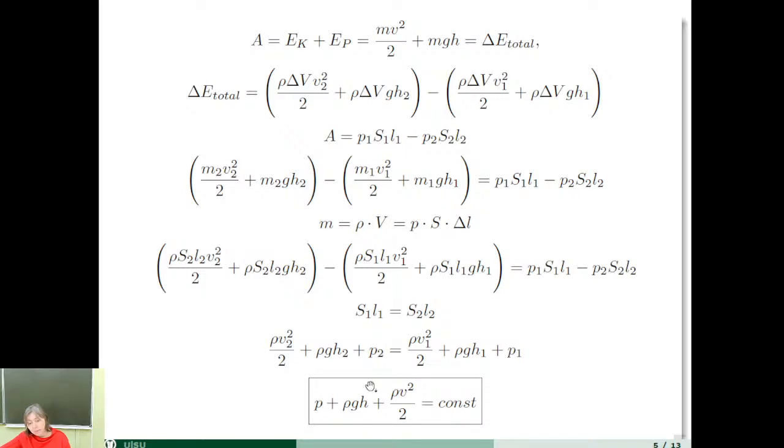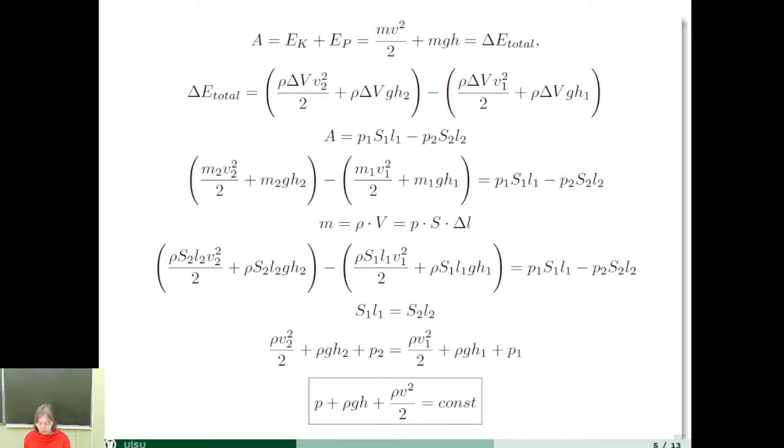In this expression in a box, P is a static pressure, rho g h is a hydrostatic pressure, and rho v squared divided by 2 is a dynamic pressure. And this equation was discovered by Daniel Bernoulli.